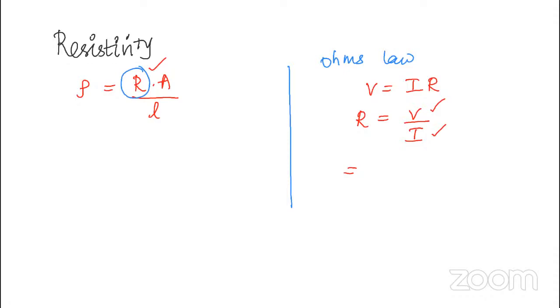So substitute pannalam. It is V oda value enna, it is 2 volts. Divide by I oda value is enna, it is 4 ampere. Okay. So we are calculating the resistance value. That is here 1 by 2, which is nothing but it is half.